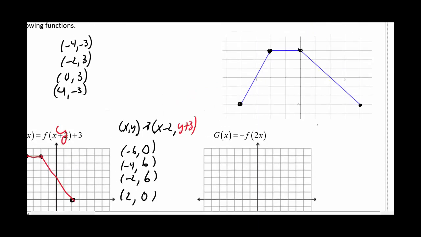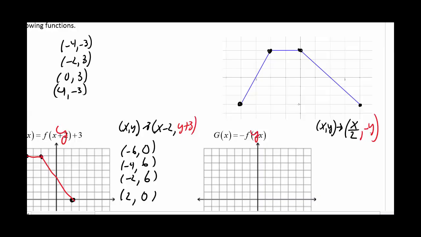Okay. So here the mapping is x comma y, and the 2 is inside. So if you remember, inside is opposite of what I see. So actually, even though it says times 2, my x coordinates are going to divide by 2. And then for the y, it's going to be comma -y.